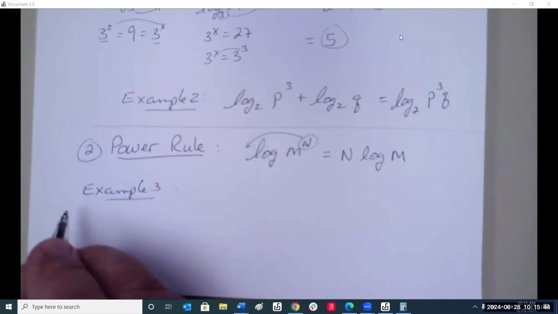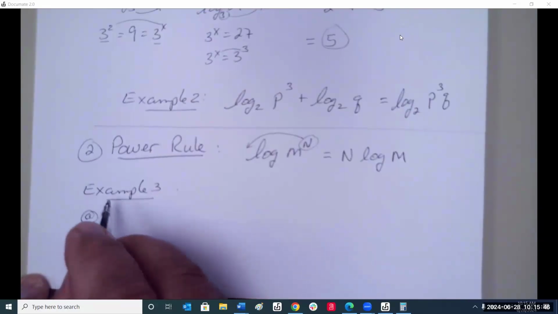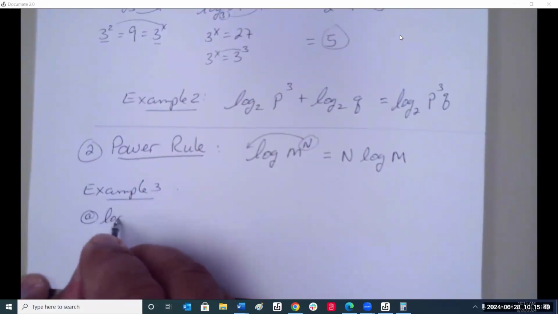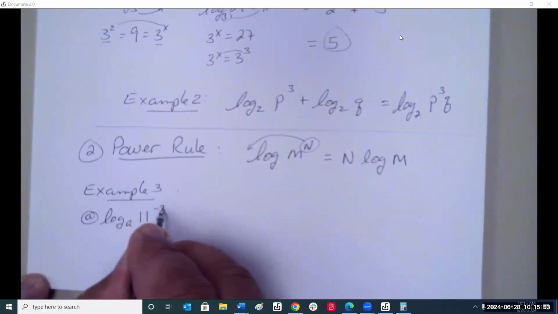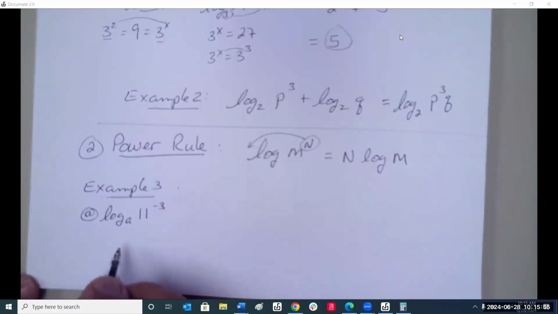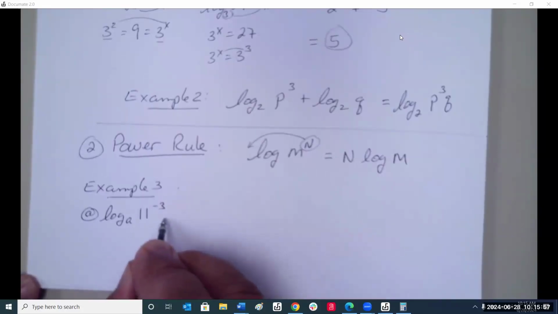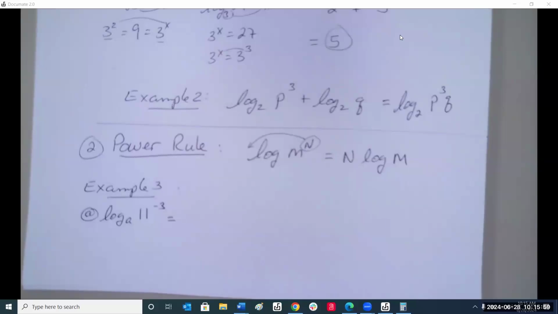Example 3. If I have log base a of 11 to the power -3, how would I simplify that one?